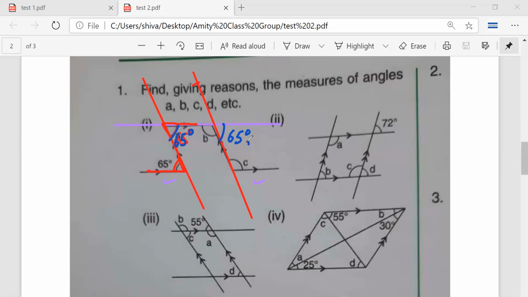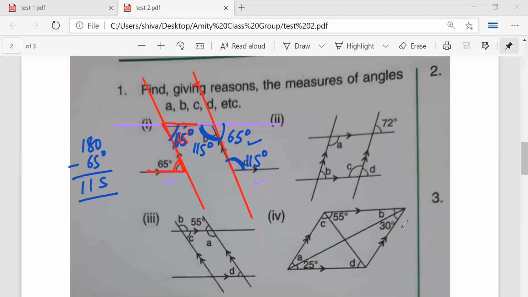If this is 65 degree, then Mr. Satya, this angle would be 100 degrees. Now this angle is 115 degree. Therefore, this angle is 115 degrees. Mr. Sarthak, any doubt?